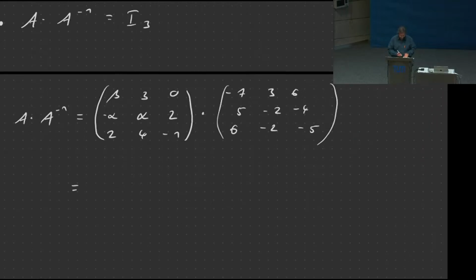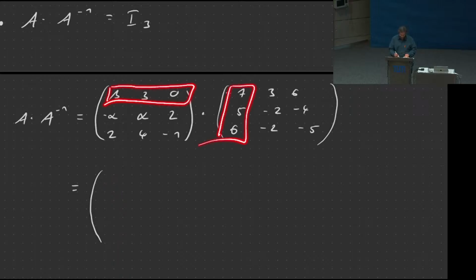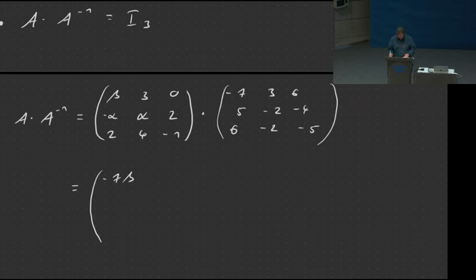And then if you do that multiplication, let's see what we get here. So first entry, this will be the product of the first row and the first column on the right. So we get minus 7 beta plus 3 times 5, that's 15, plus 0.